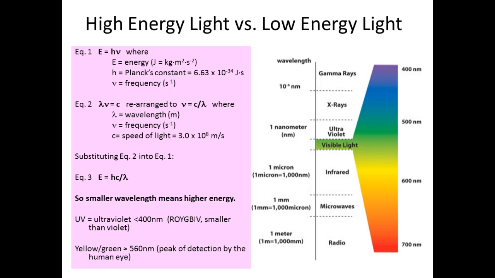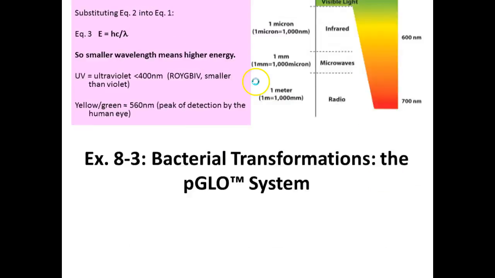UV light you cannot see, but it's much higher energy because it is a much smaller wavelength, right? About 1 nanometer for each wave, whereas in the visible light spectrum we're only talking about 700 to 400 nanometers. Much larger wavelengths, less energy. Still energy, right? Not as much.